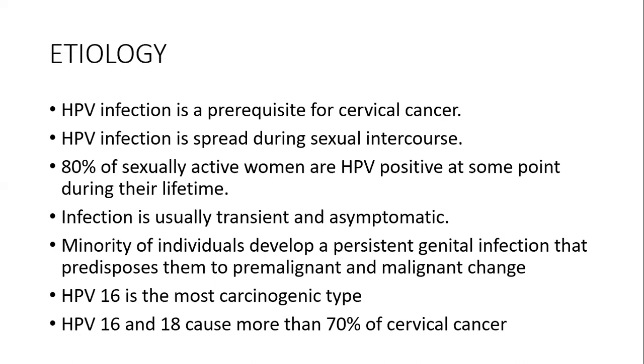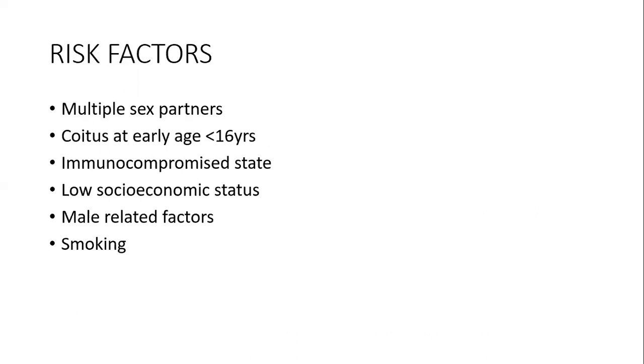There are several subtypes of HPV, over 40 subtypes. However, there are about 15 oncogenic subtypes, those capable of causing cancer. The common ones we see are HPV 16 and 18, which are responsible for more than 70% of cervical cancer cases. Some of the risk factors: having multiple sexual partners.